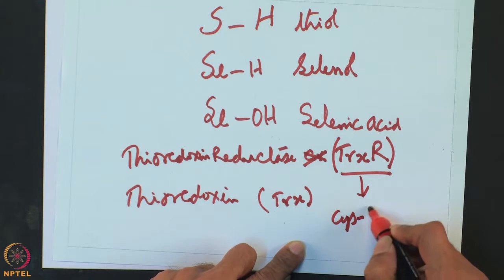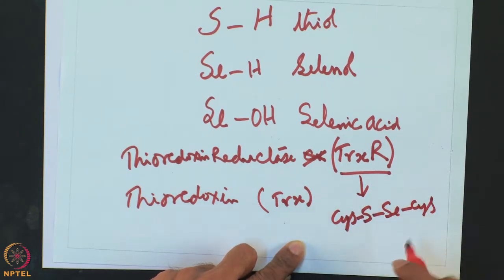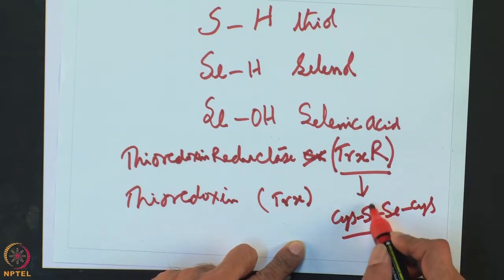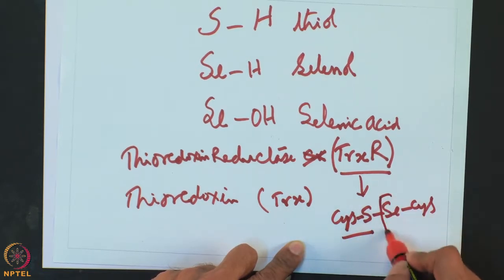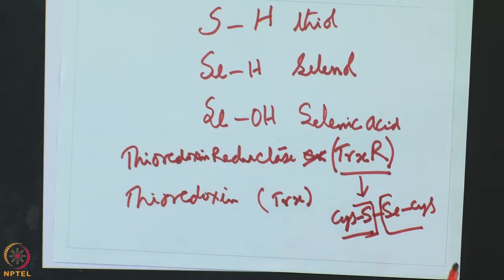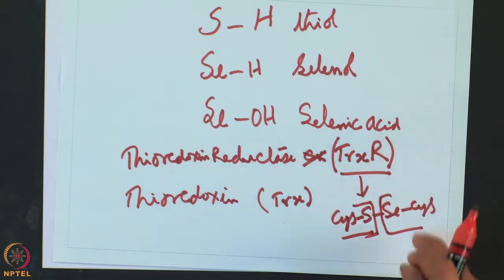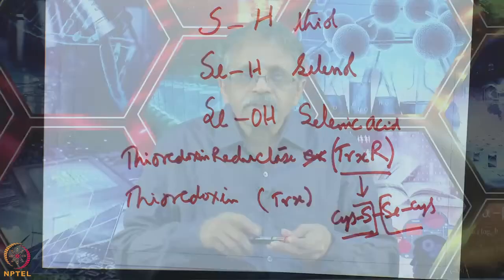So, this is not a typical disulfide S-S. One counterpart is sulfur, the other counterpart is the selenium type. So, this is what is present in the thioredoxin reductase, which is involved in reducing the disulfide present in the thioredoxin, and this in turn is coupled with the protein activity, the protein disulfide bond breakage activity.